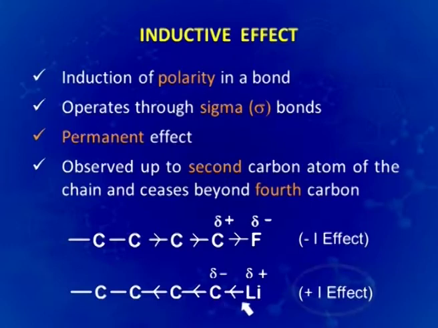We call this a positive I effect or a plus inductive effect, because the electropositive atom is pushing electrons and making the carbon partly negatively charged. This effect, similar to the minus I effect, diminishes by the time it reaches the fourth carbon atom, and is observed the maximum in the second carbon atom.